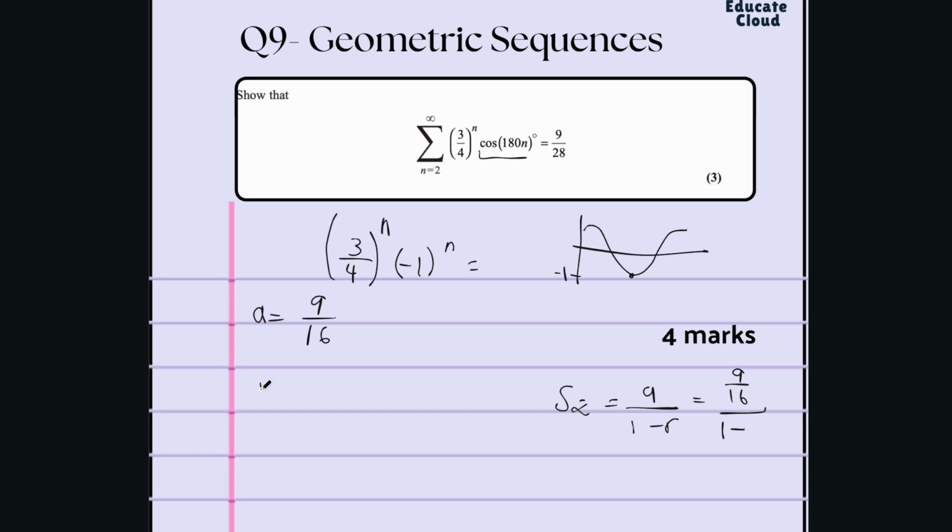So for r, if we find the second term, we can do the second divided by the first. And so we'll get r is minus 3 over 4. And when you put that into your calculator, the sum to infinity is equal to 9 over 28. And that's your answer.